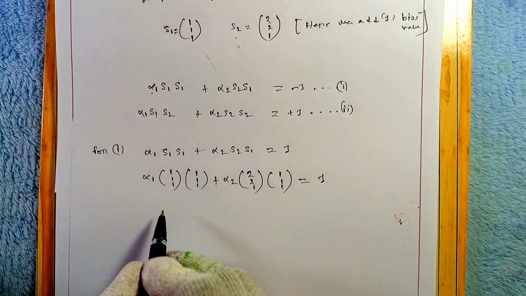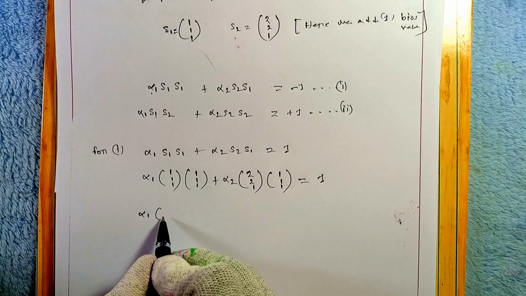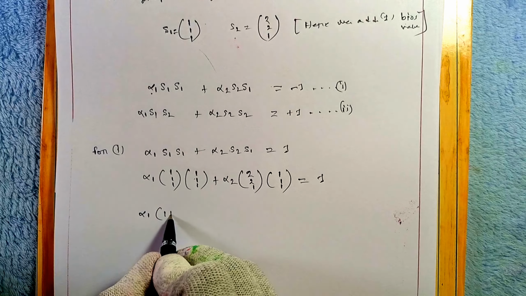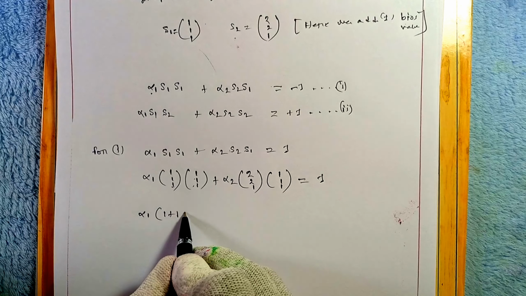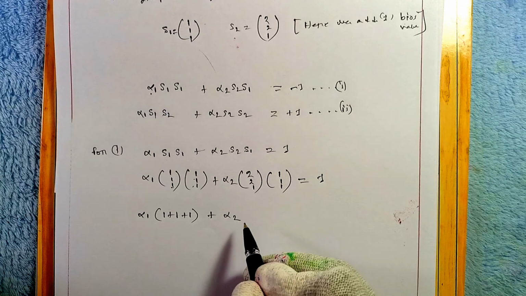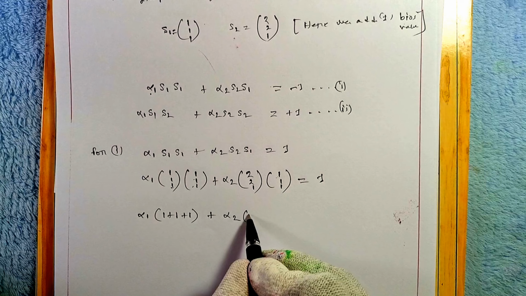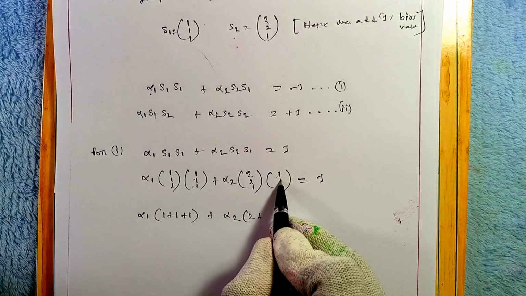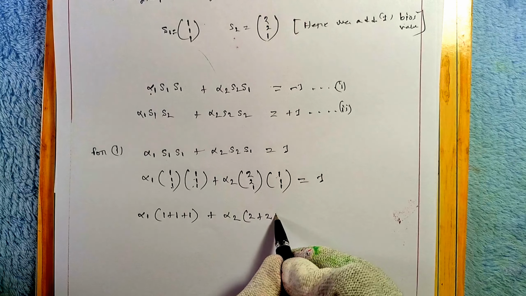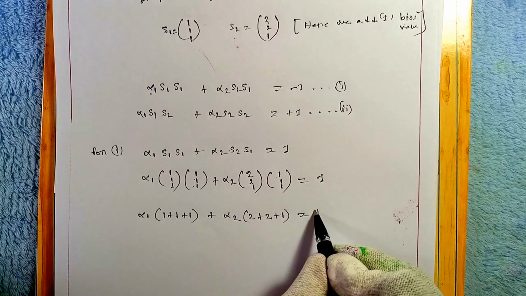Now alpha 1 into (1 into 1, 1 into 1, 1 into 1) plus alpha 2 into (2 into 1, 2 into 1, 1 into 1) equal to 1.